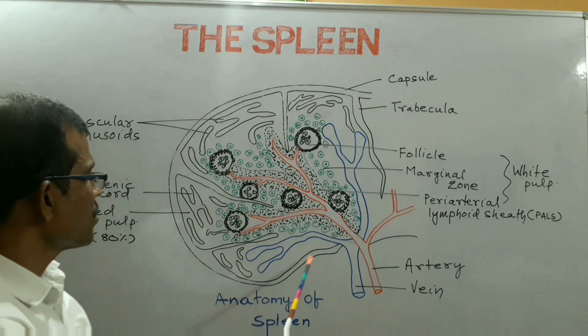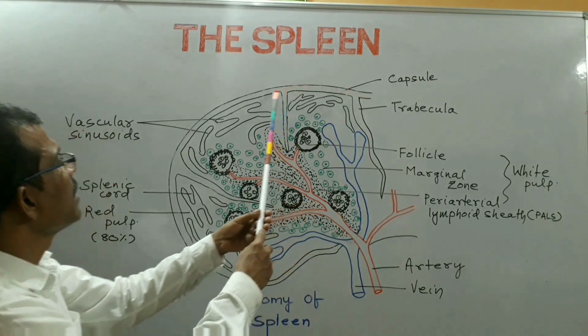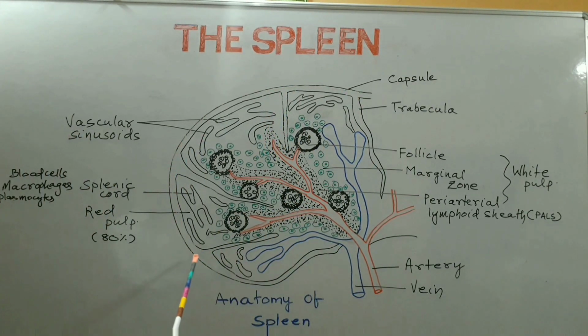This connective tissue contains contractile cells known as myofibroblasts. The contractile activity of these cells helps the spleen to discharge stored blood into the circulation whenever necessary.